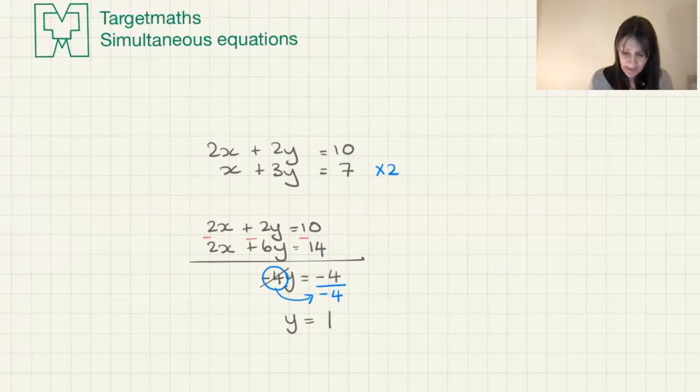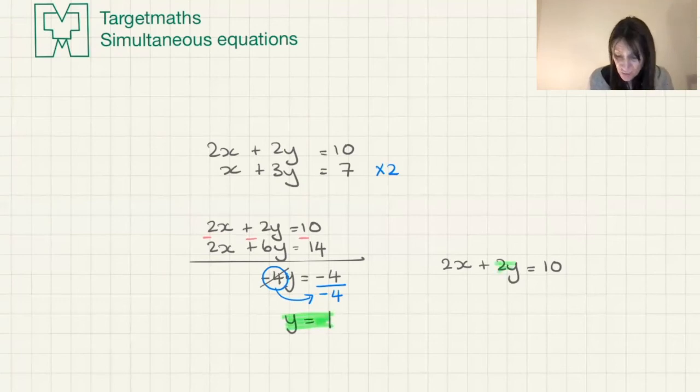I'm then going to go back up here and choose one of these. It really doesn't make any difference. I'm just going to choose the top one. So I've got 2x plus 2y equaling 10. Now I know that y, from my previous piece of working out, is 1.